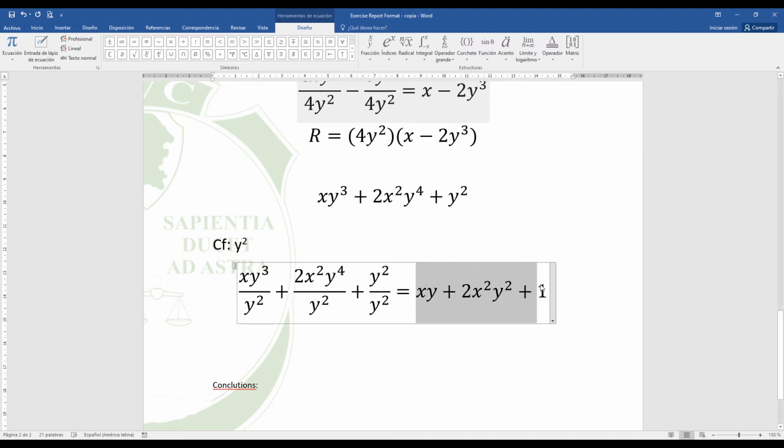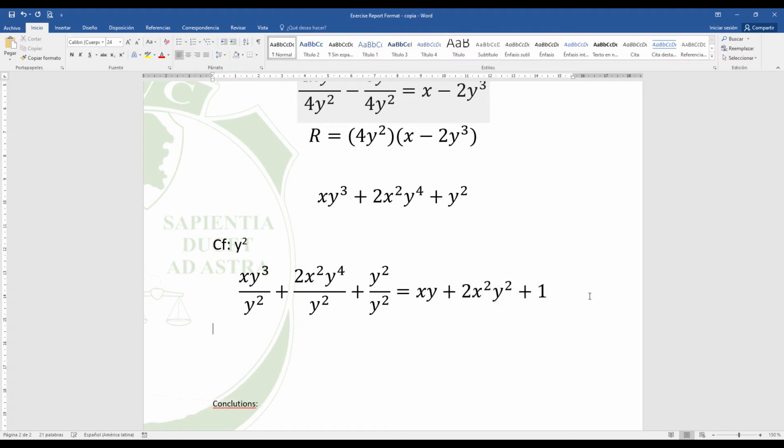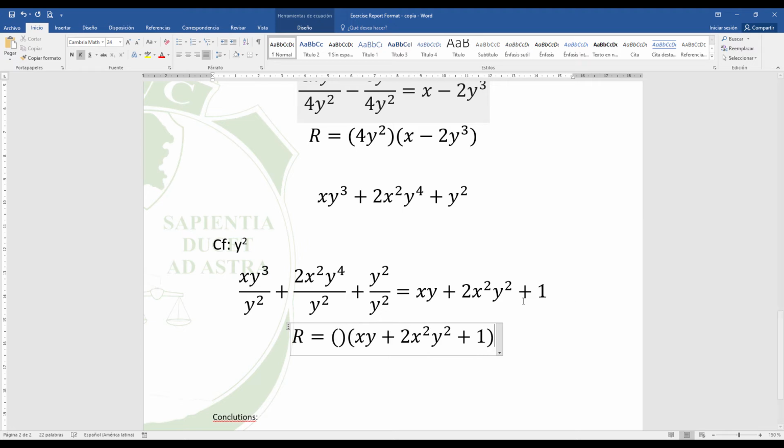Okay, so again the result of that factoring is the result of the division multiplied by the common factor.